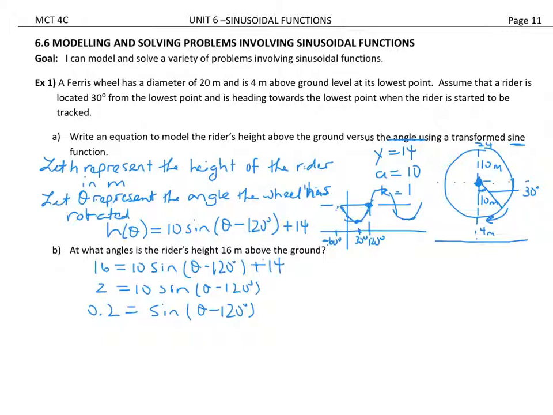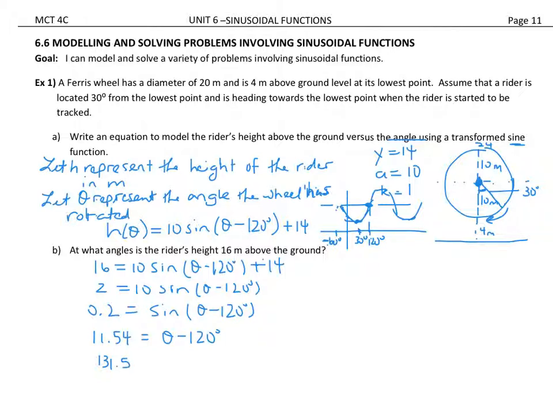And then inverse function of sine on the point 2, and I get 11.54 roughly. And that's going to equal theta minus 120. And then I'm going to add 120 to both sides, and that gives me 131.5 as my answer there.